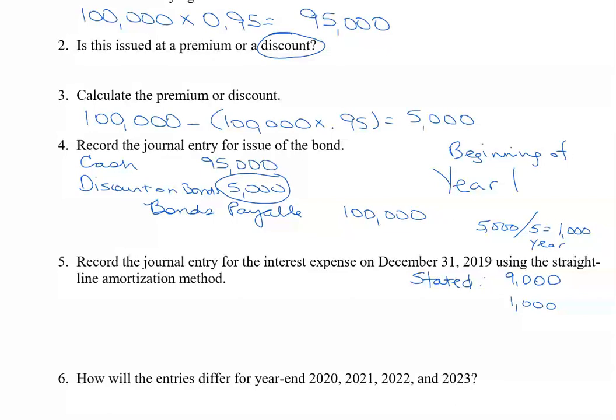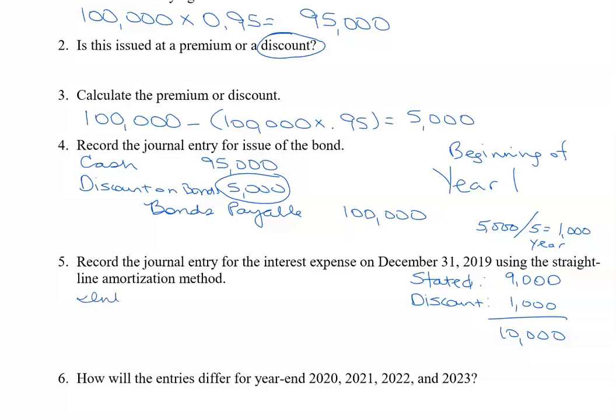The bondholders gave the company $95,000, and the company promised to pay the bondholders $100,000 plus interest later. So issuing it for $95,000 was a cost. That was an increase in the expense of the bond. So we will add our discount, so our total interest expense is $10,000.